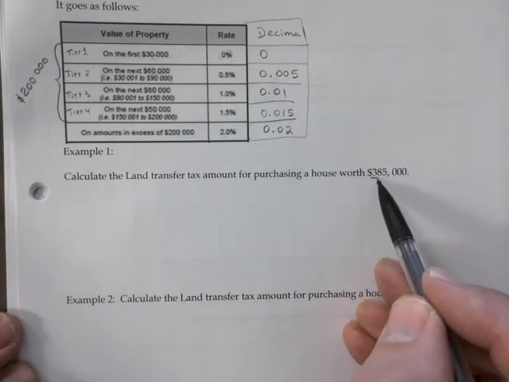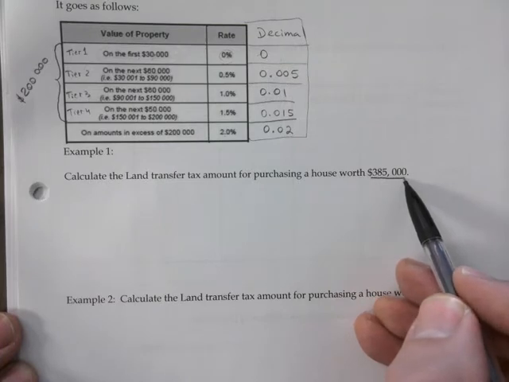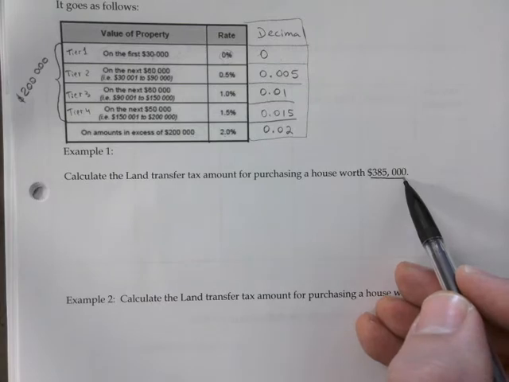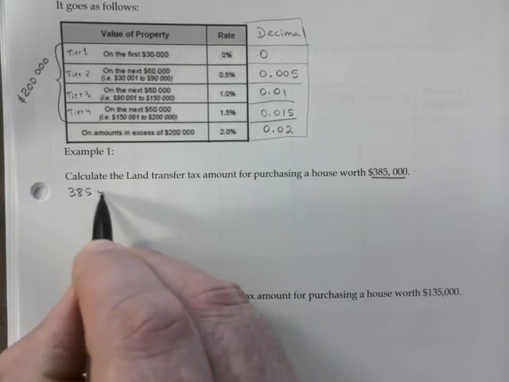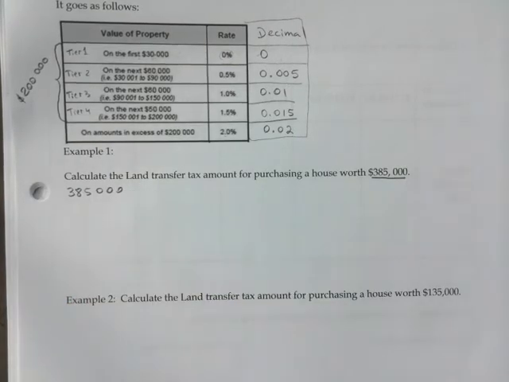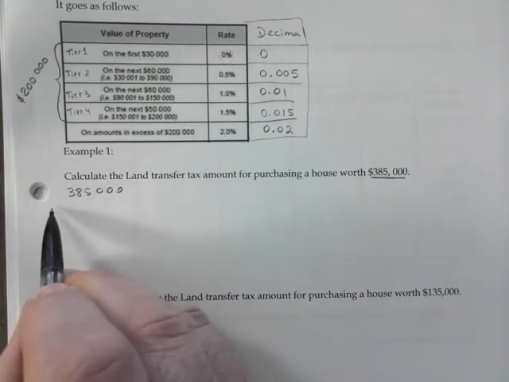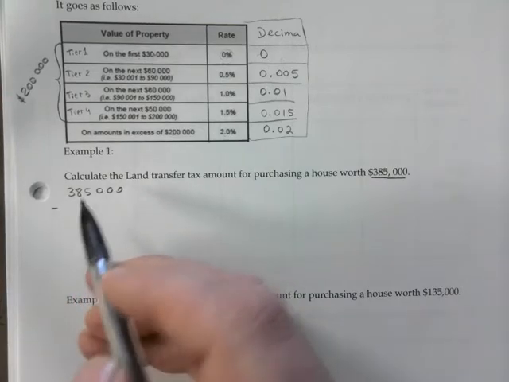If a house is worth $385,000, how much would you pay in land transfer tax? And by the way, what we're going to calculate is exactly how much you would pay. It's not approximate. This is how the province does this. It hasn't changed. You take the 385,000 and you subtract the first tier from it.